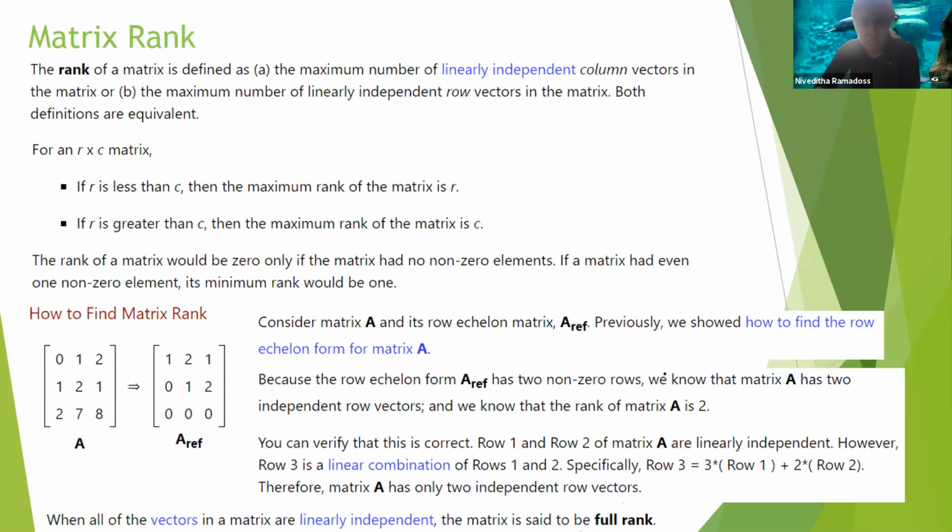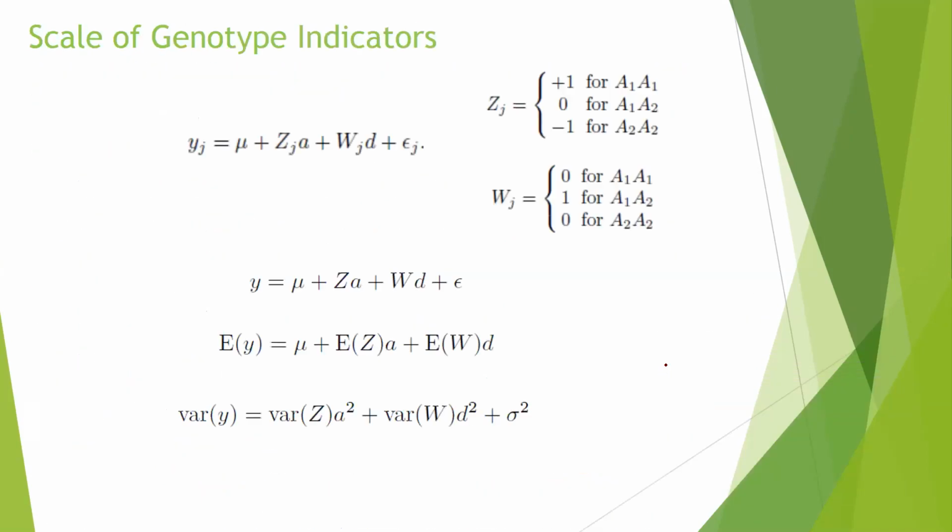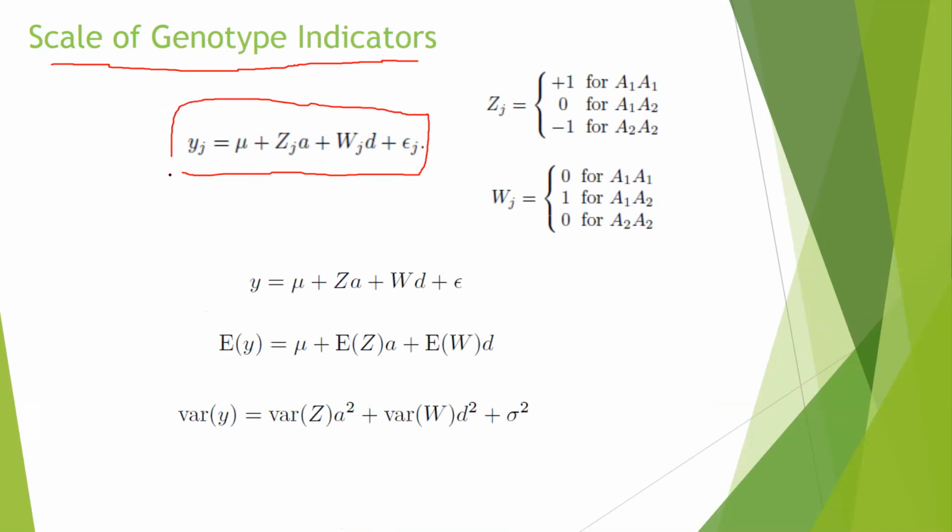So this is the rank. And now, the scale of the genotype indicator. We have learned this, right? Because for the F2 population, we can use this multiple linear regression model to help us describe the relationship between the phenotypes and the genotypes.